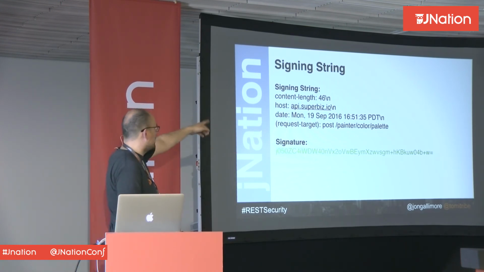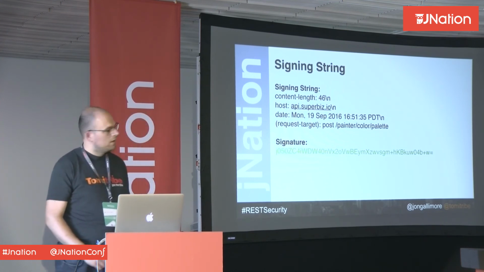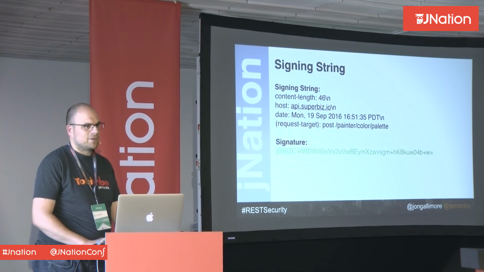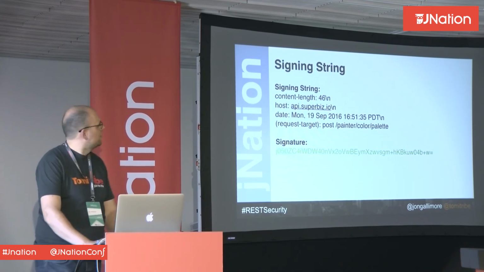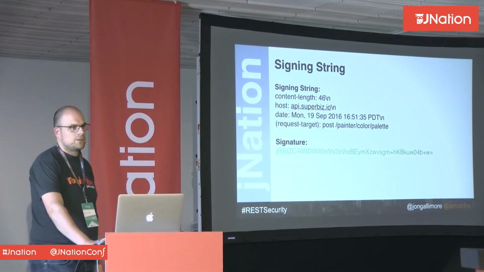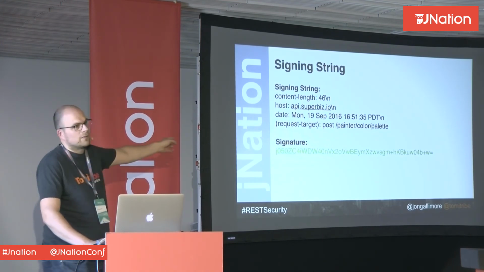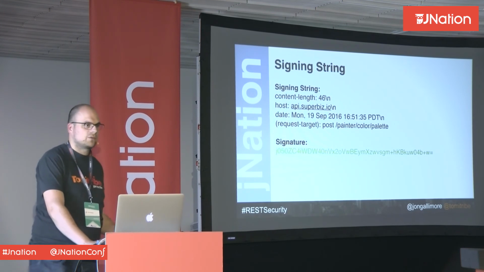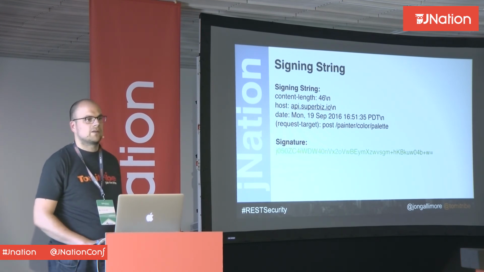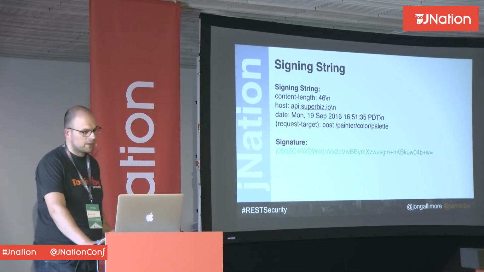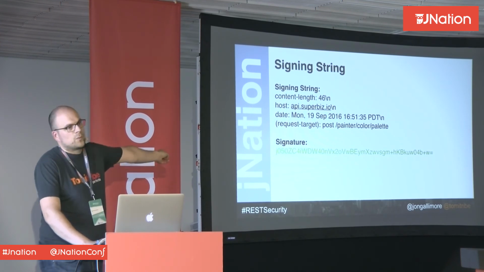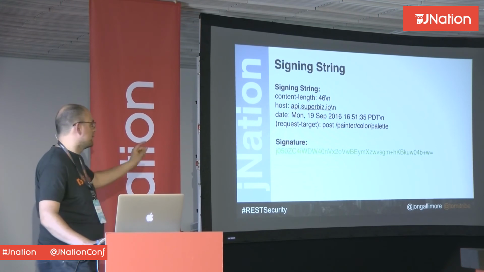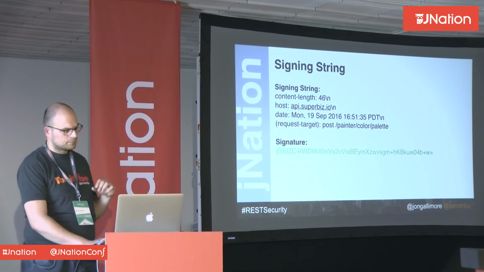So we've got the \n at the end of each of these. The request target is a virtual header that's defined by the specification, which is just the HTTP verb and the context path. So it doesn't include the host name. You can sign the host header separately if you want to. And then we just sign that string and base64 encode it to get that signature.